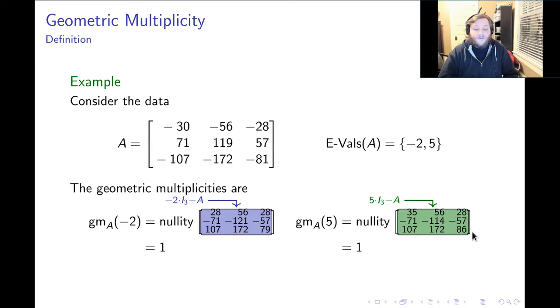So the geometric multiplicity of 5 as an eigenvalue here is equal to 1. So the way we would discuss this example is we would say, here's a perfectly good 3x3. I was lucky enough for someone to tell me that the eigenvalues of this matrix are -2 and 5. And then I went ahead and verified that the geometric multiplicity of both of the eigenvalues is equal to 1.